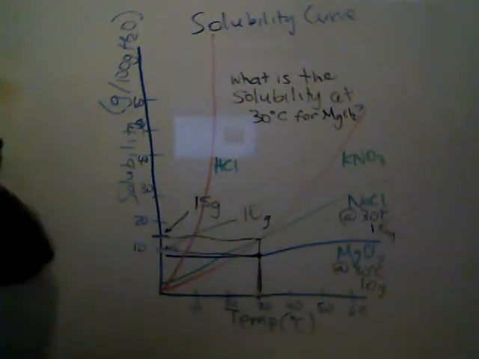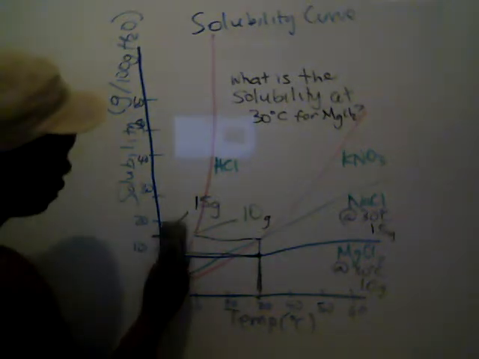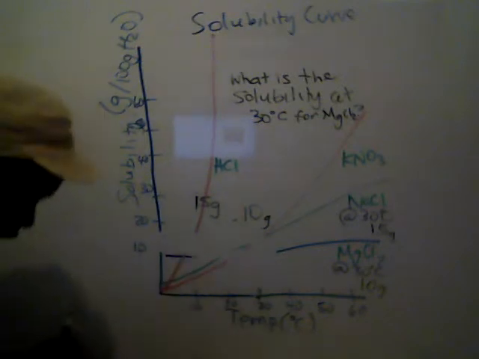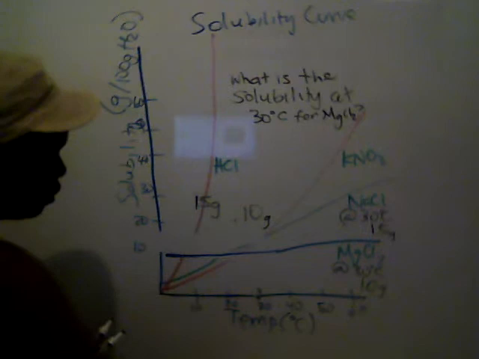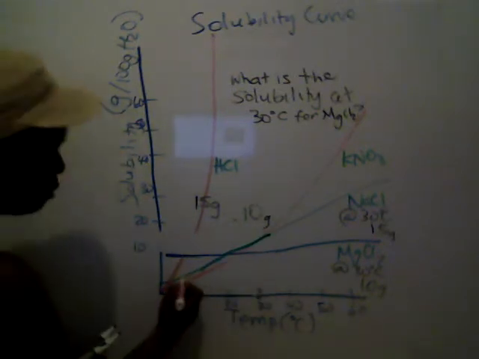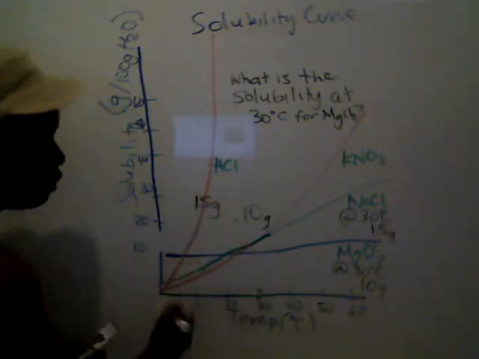Now, as we change the temperature, let me get rid of these here. Let's say we're not looking at 30 degrees anymore, but a higher temperature, because we talked about before that if we increase the temperature, the amount that can dissolve should increase.